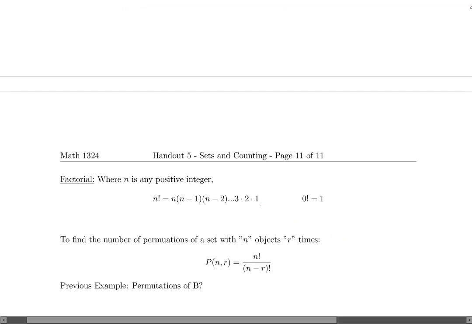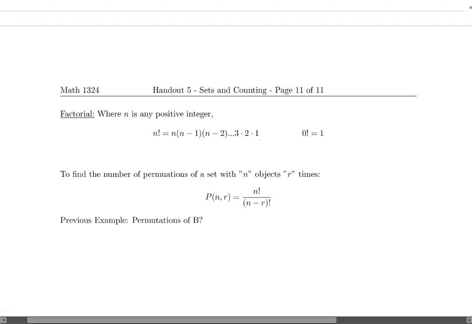So to find the number of permutations of a set with n objects taken r at a time, we're going to use this equation here. And what we mean by r is how many slots we're using up. So in the previous example, what are the permutations of B? We'd use our equation, because we used all 4 slots.